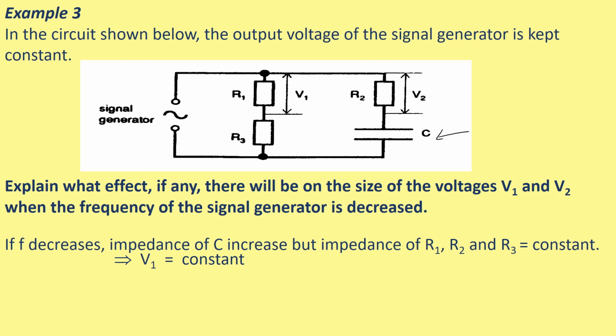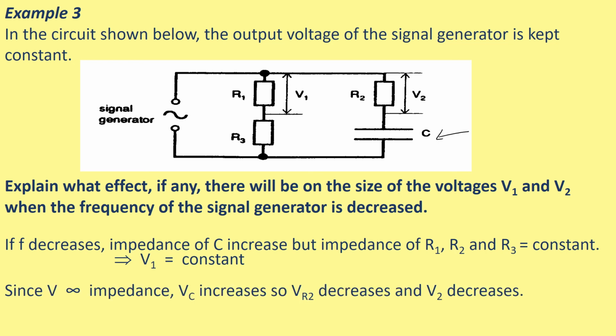So there's going to be a greater amount of potential across it. V1 is constant. And since V is directly proportional to the impedance, VC also increases. And so V of R2 decreases. V2 will also decrease.